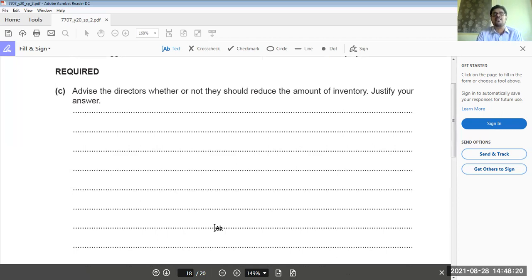If you reduce inventory, you might not be able to give your customers goods on time. This is the main problem. If you reduce inventory, sometimes it happens the supplier will not be able to supply you in time. Again, you lose sales.